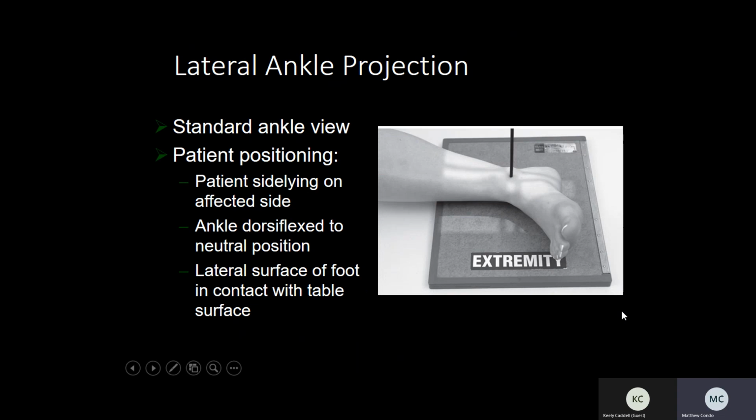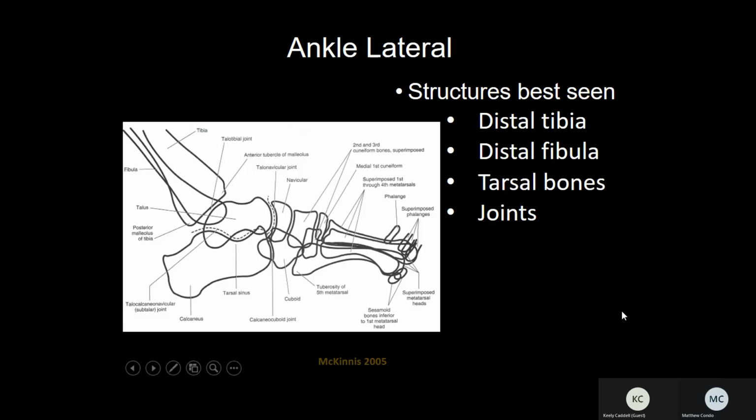This is what lateral projection looks like. So my patient's going to be side lying again, or at least their leg's going to be side lying, and that beam is being shot from medial to lateral. Again, drawing representation of what I'm going to see. Now, the thing you have to watch out for is that I'm going to have a lot of superimposition here, right?